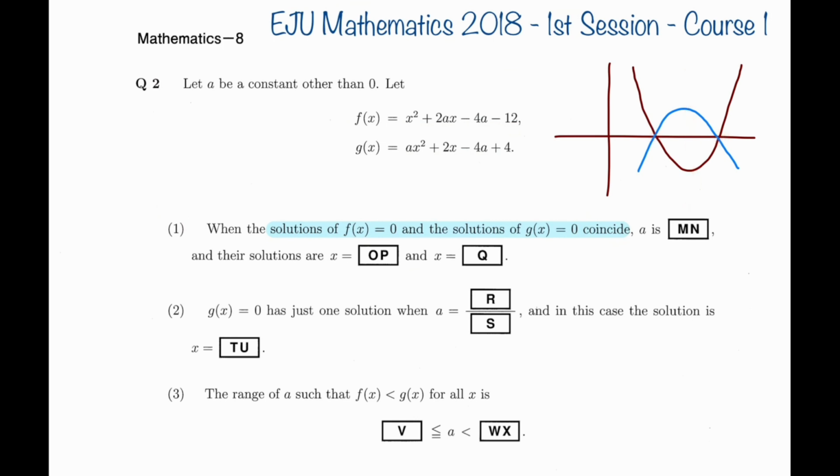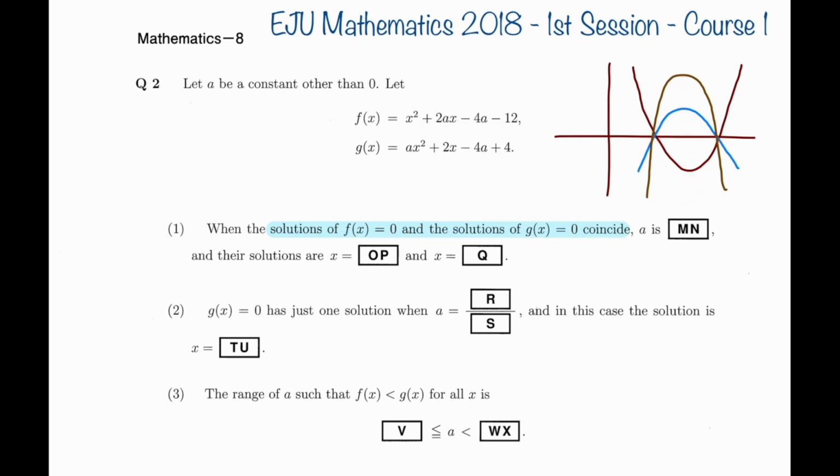Of course, you can draw another parabola. For example, if this parabola have same x-intercept, that means the symmetrical axis will also the same.